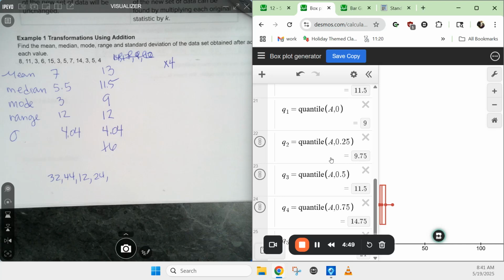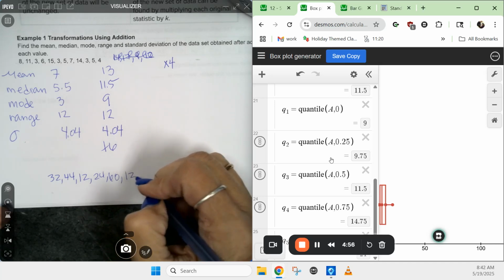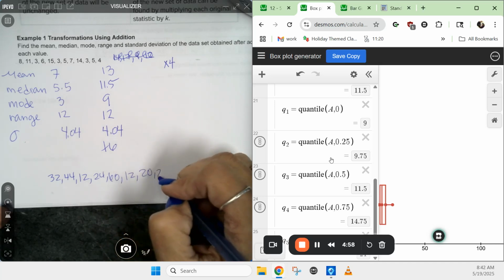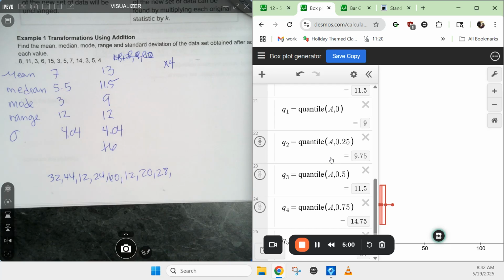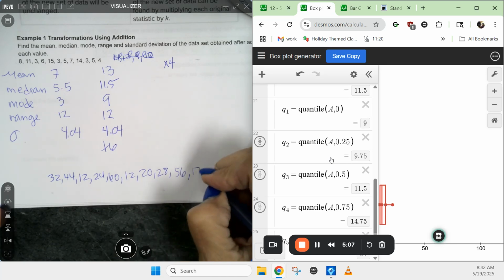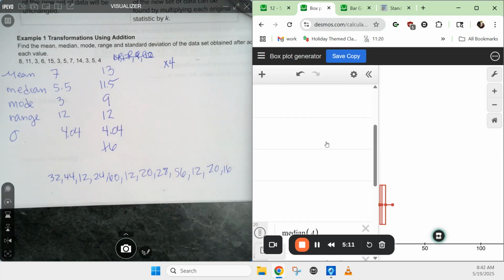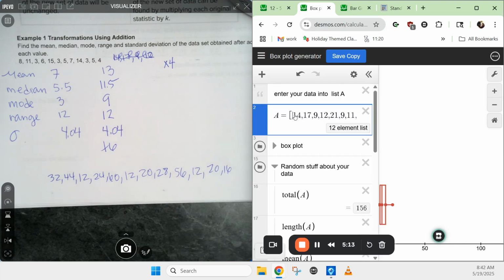I think it's 80. Nope, 60. Good thing I did it then. Times 4, times 4, times 4. 56. Okay. So now let me put these numbers in and see what happens.